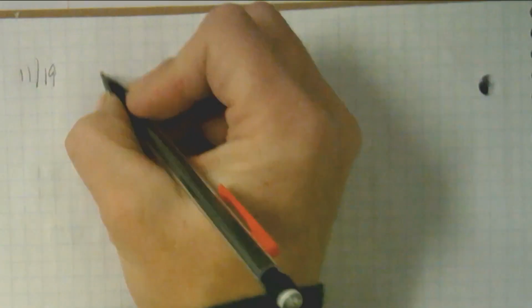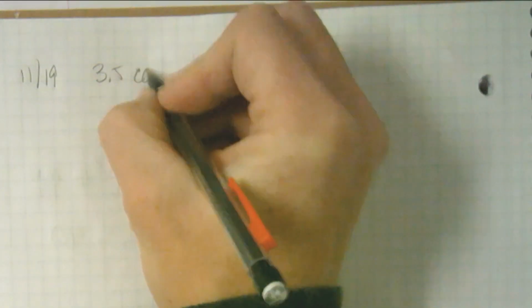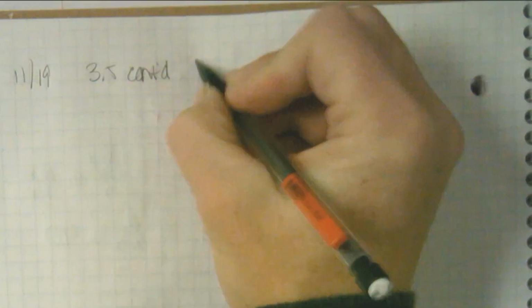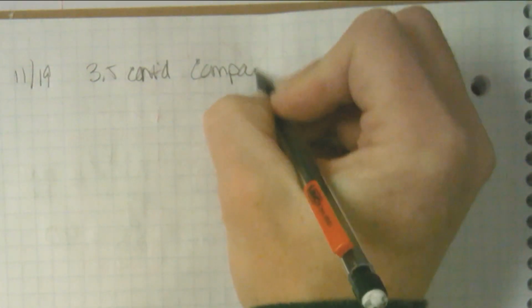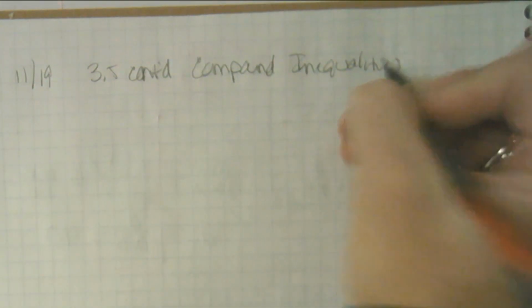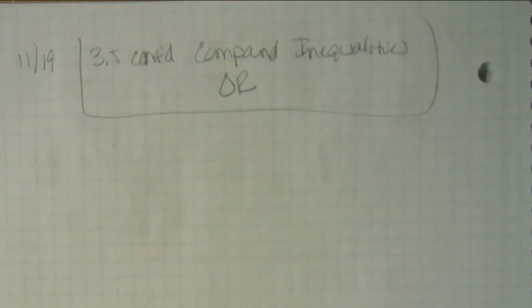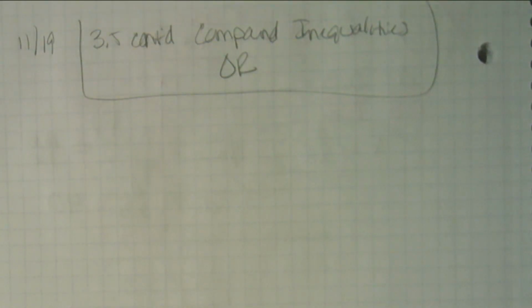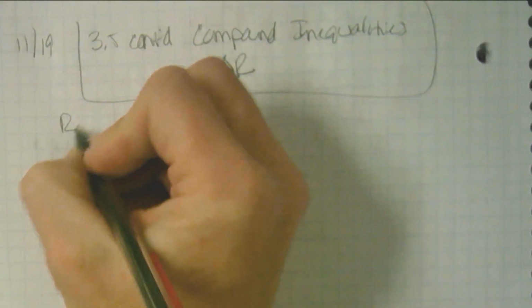Thank you. All right, so we have 3.5 continued. We're talking about compound inequalities. We're talking about OR today. Or let's review ands for a second.